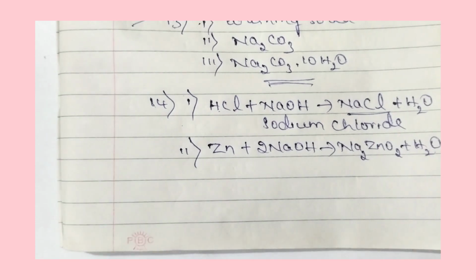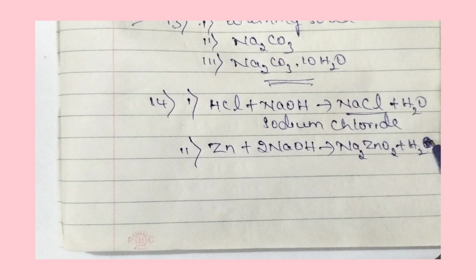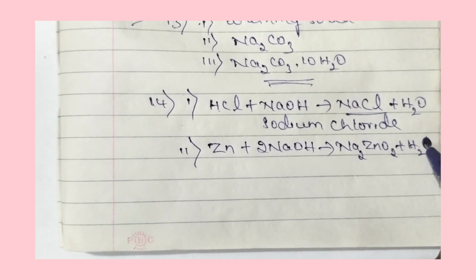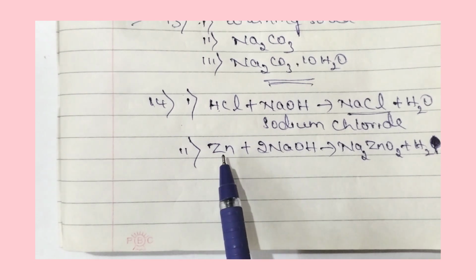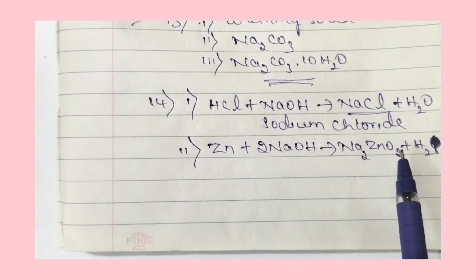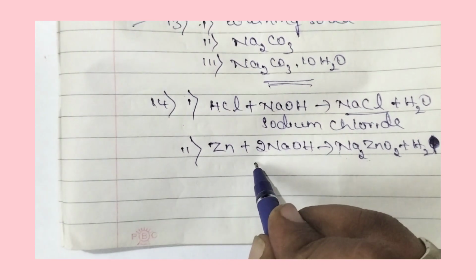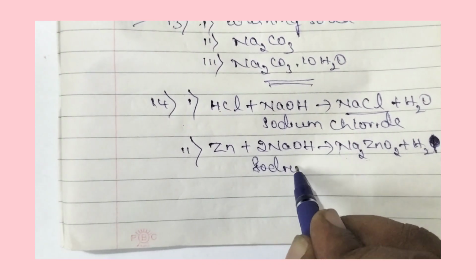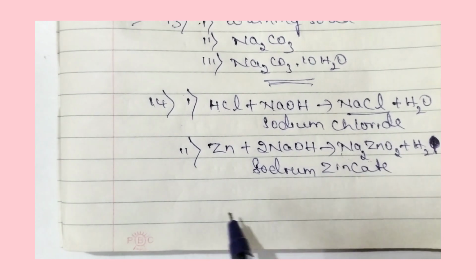So Zn plus 2NaOH gives rise to Na2ZnO2, and it releases hydrogen gas. So when zinc granules react with caustic soda, it forms a salt and releases hydrogen, and the name of the salt is sodium zincate.